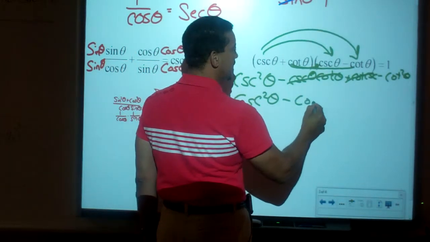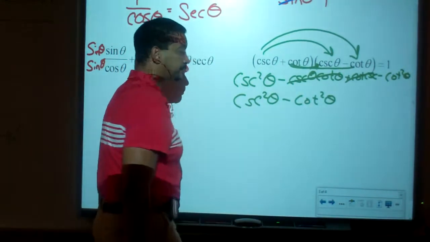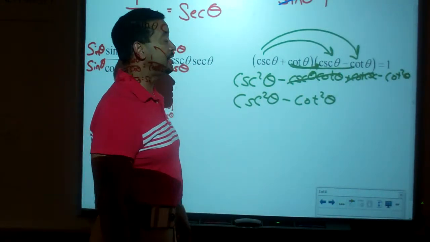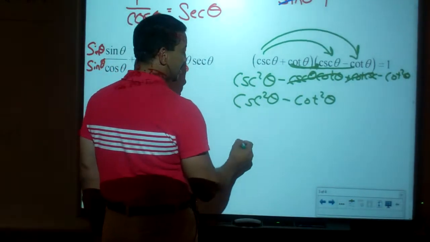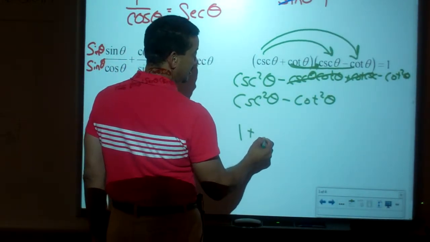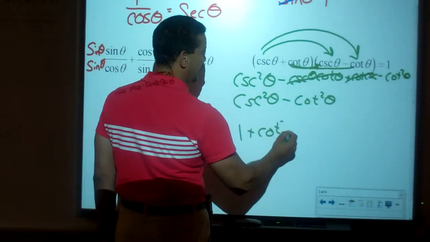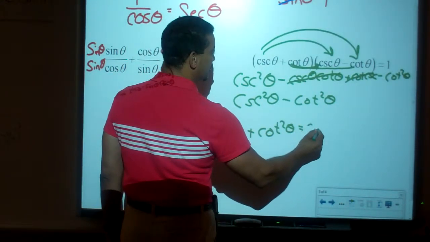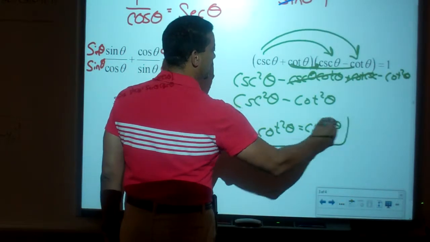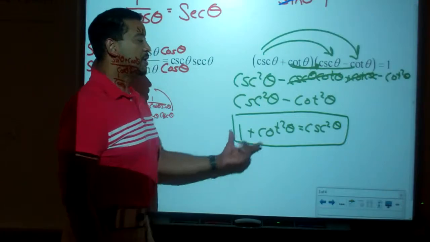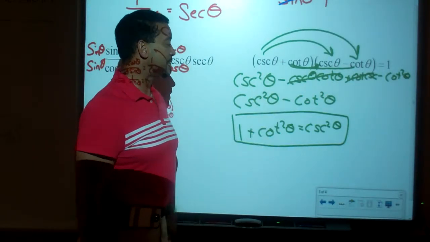minus cotangent squared theta. If you look at your trig identities, and the Pythagorean ones in particular, you'll see that you've got 1 plus cotangent squared theta equals cosecant squared theta. This is one of your Pythagorean identities. We can rearrange that so that we get this.